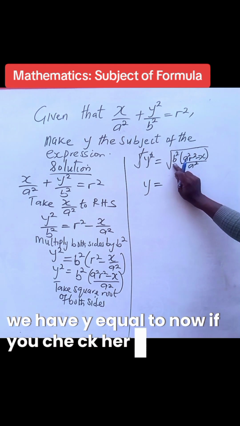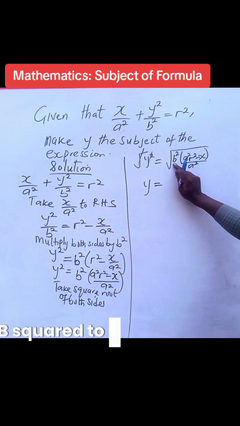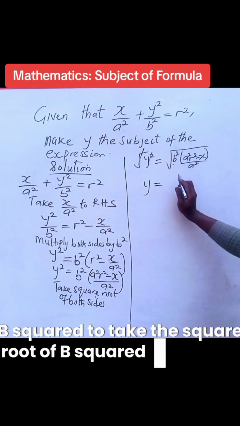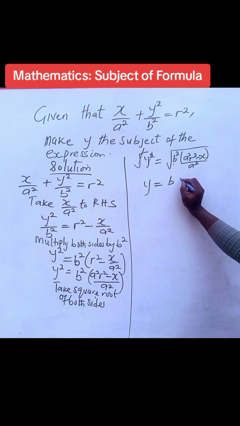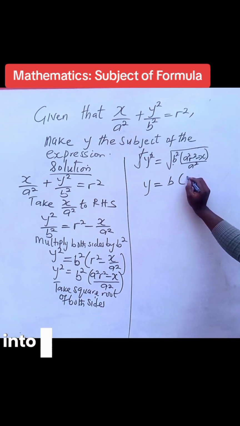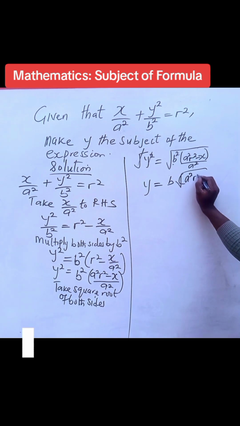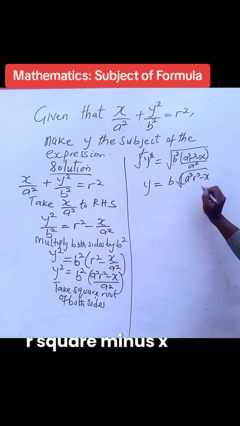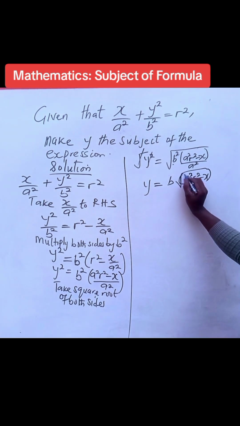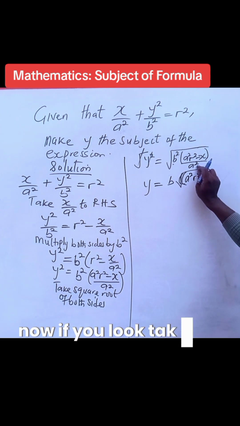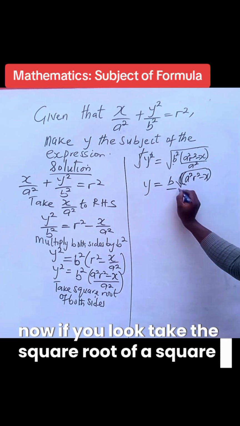Now if you check here, this one is on its own, b squared. So take the square root of b squared, we have b into the square root of a squared r squared minus x squared. Now if you look, take the square root of a squared, we have what? a.